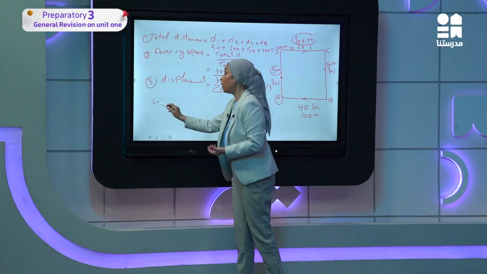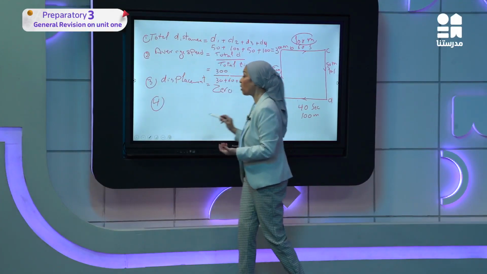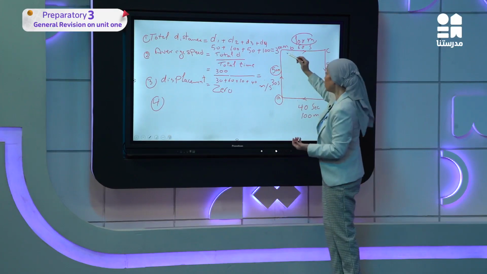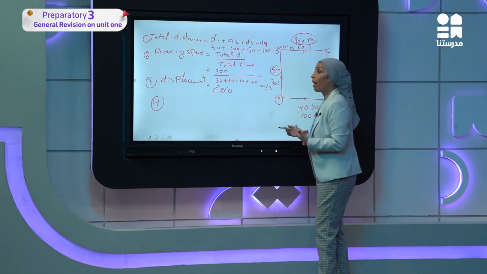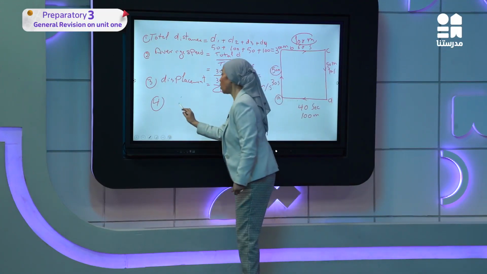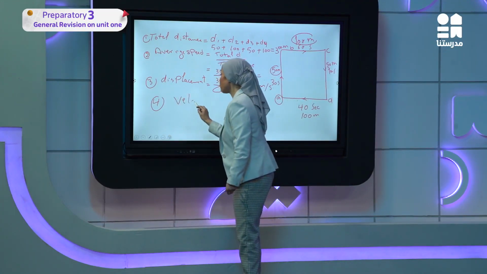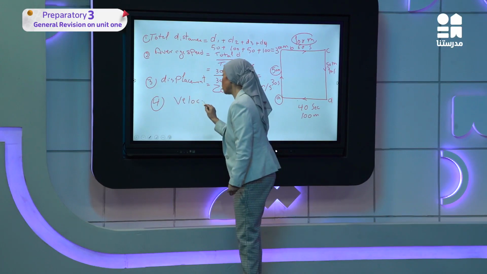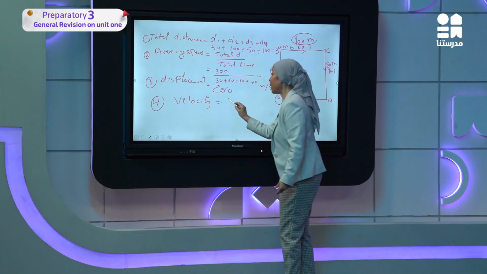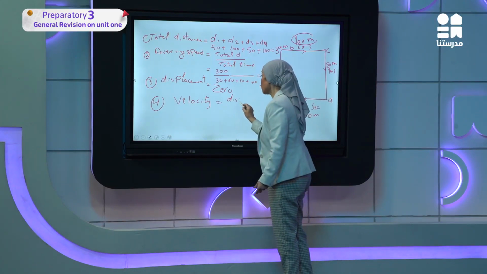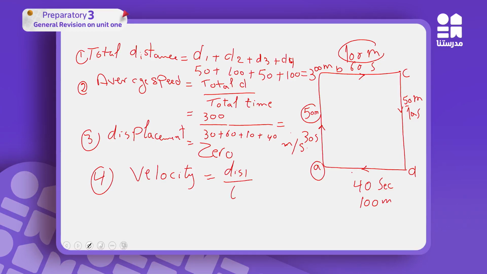Finally, if I want to get the velocity. Why did I say velocity? Because there is a direction: north, east, south, and return back to the west. So I have direction. What is the velocity here? What is the definition of velocity that you know? Velocity equals displacement over time.